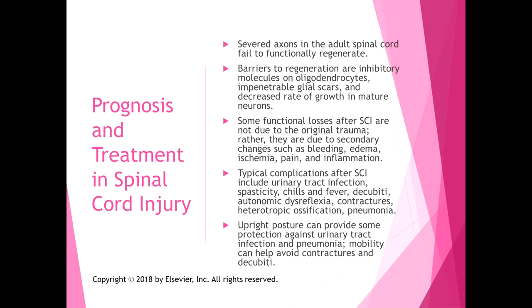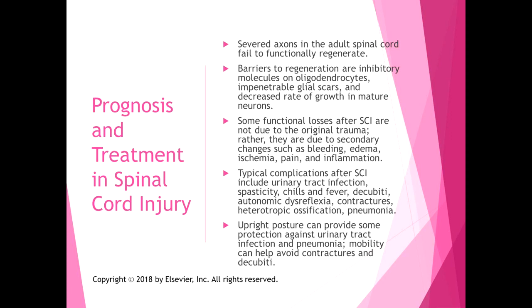The typical complications after SCI include urinary tract infections, spasticity, chills and fever, decubitus, which are pressure ulcers, autonomic dysreflexia, contractures, heterotopic ossification, which is the growth of bone in areas where bone usually isn't, and pneumonia, because the trunk muscles aren't innervated below the level of the lesion, and it's difficult for them to clear their lungs.